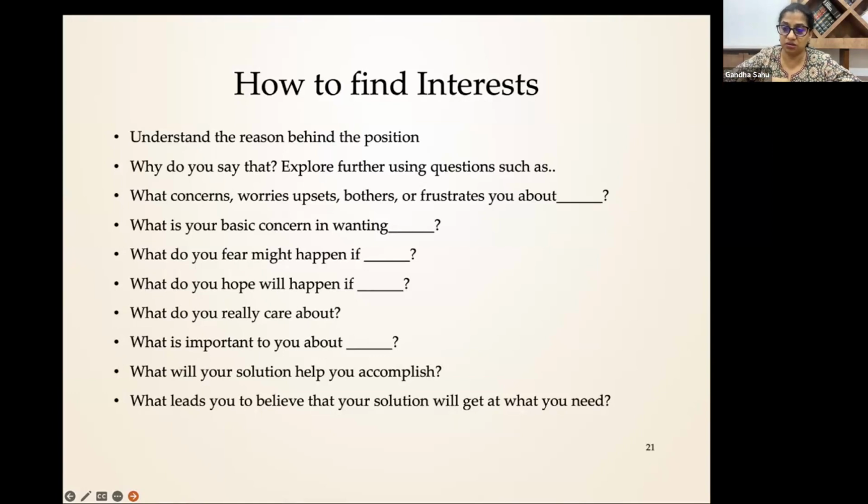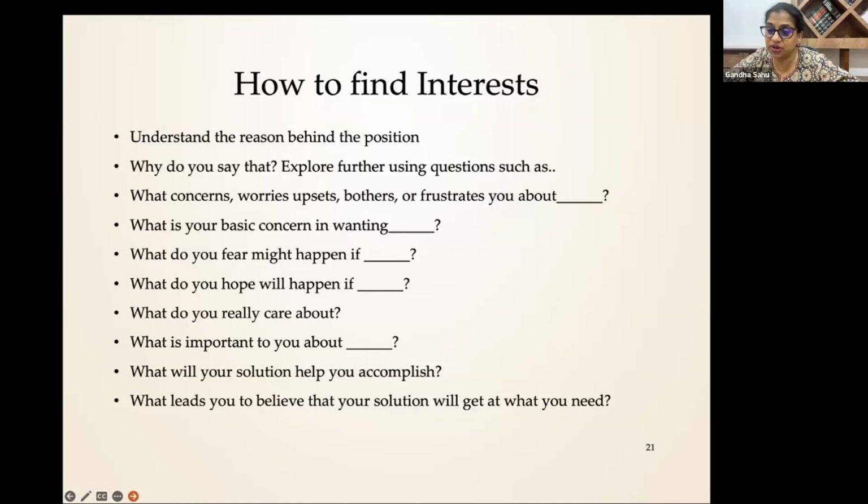this case that you have filed, this what you claim to be negligence. What concerns you? What is your basic concern in wanting justice, in wanting damages, in wanting an apology? Why do you want it?